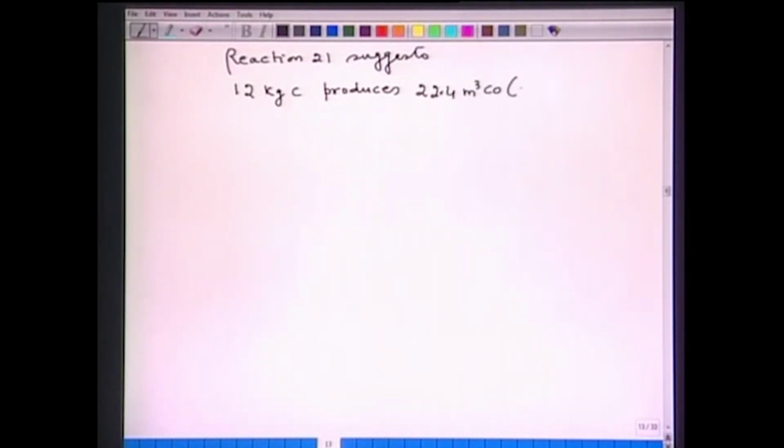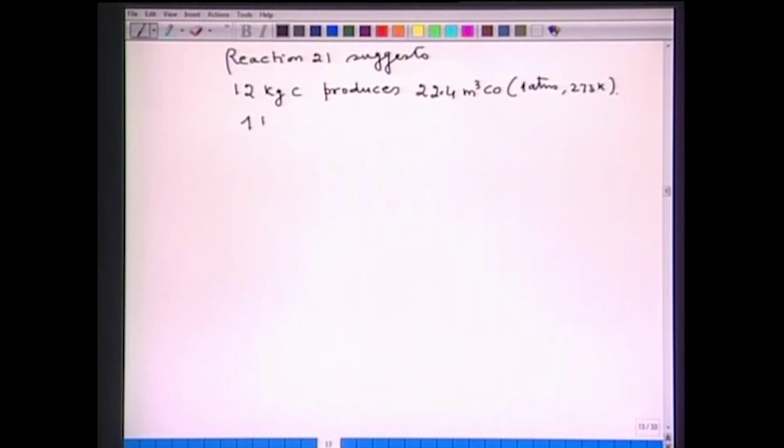Now, this reaction 21 suggests, what does it suggest? 12 kg carbon produces 22.4 meter cube carbon monoxide at 1 atmospheric pressure and 273 Kelvin.